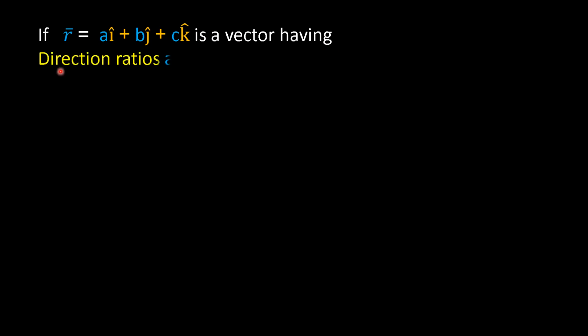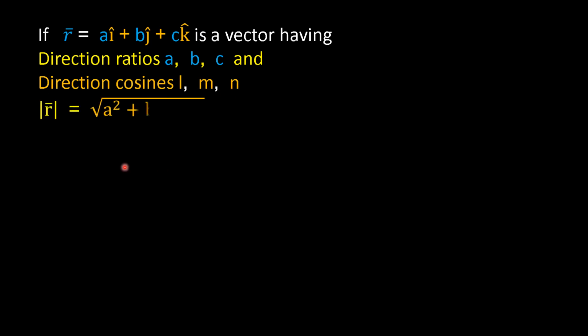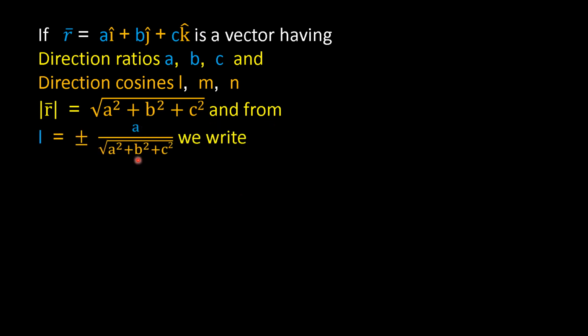There is one more relationship. If r bar equals a i cap plus b j cap plus c k cap is a vector having direction ratios a, b, c and direction cosines l, m, n, then mod r bar will be square root of a squared plus b squared plus c squared, and from the relationship l equals plus minus a by square root of a squared plus b squared plus c squared, we write a equals l times square root of a squared plus b squared plus c squared.